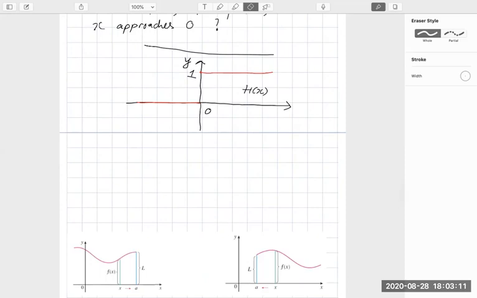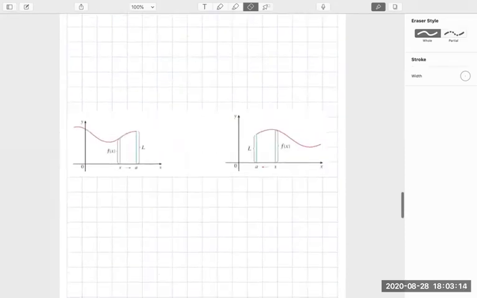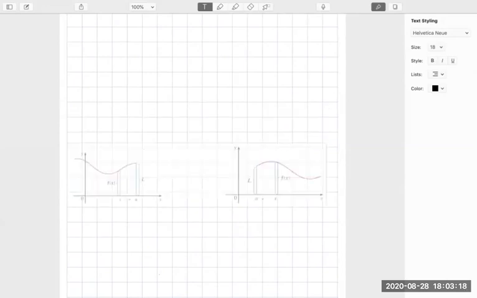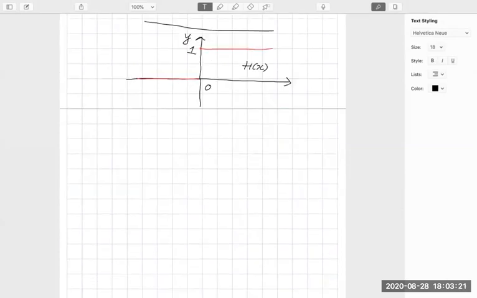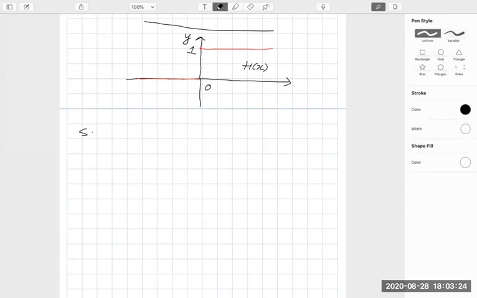So you see that when x approaches 0 from the right, we get what?